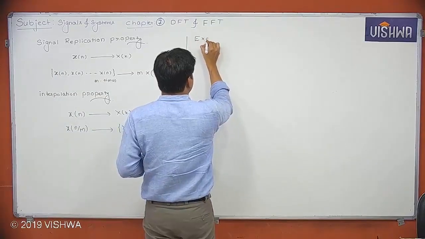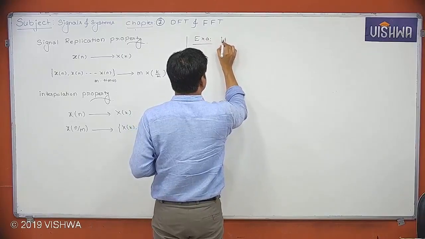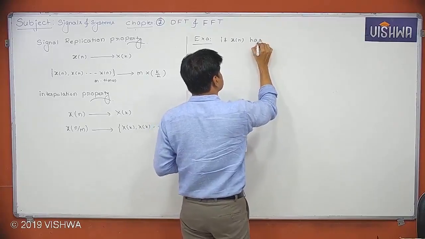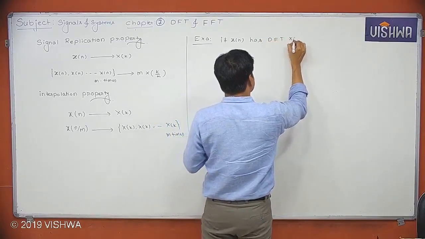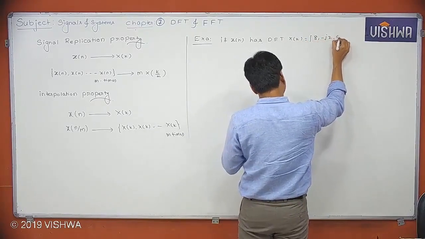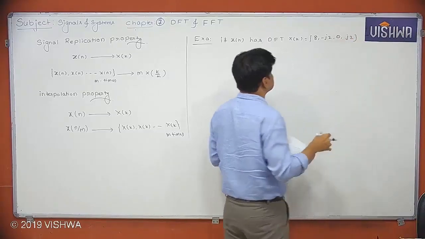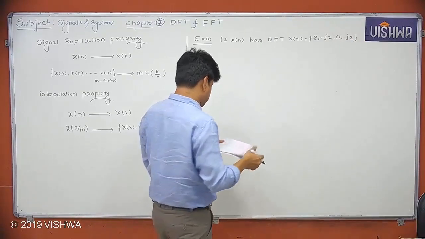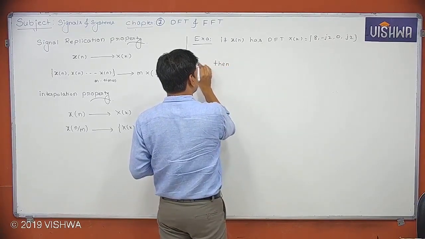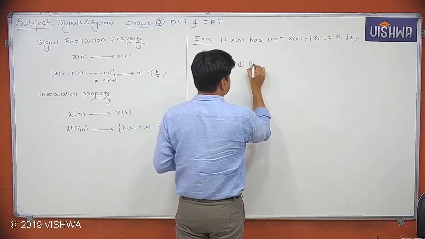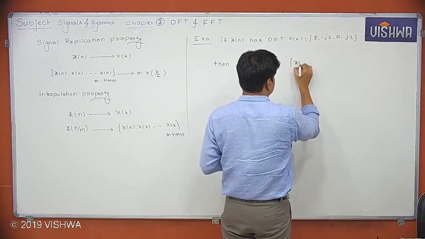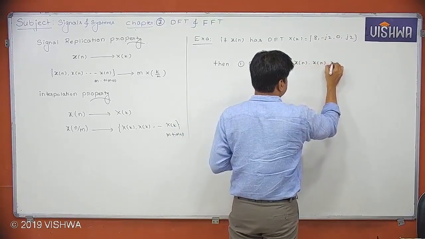Example: if x of n has DFT x of k equal to 8, minus j2, 0, j2, then the first question: DFT of x of n, x of n, x of n.